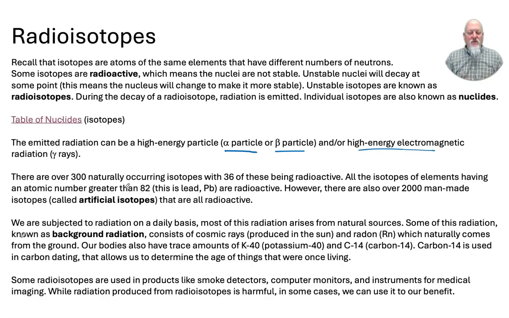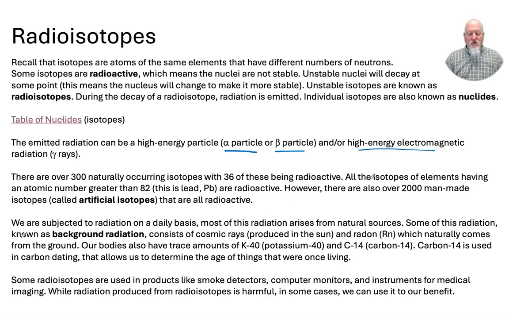There are over 300 naturally occurring isotopes, and 36 of those isotopes are radioactive. So most of the ones we saw on the table of nuclides are man-made. But we will look at naturally occurring isotopes.